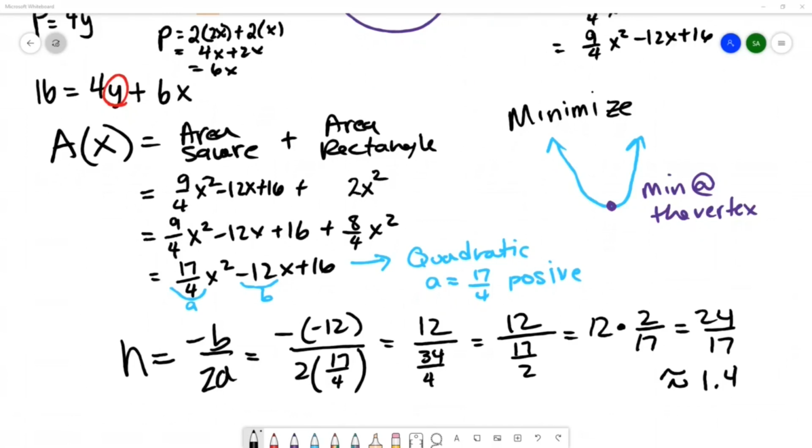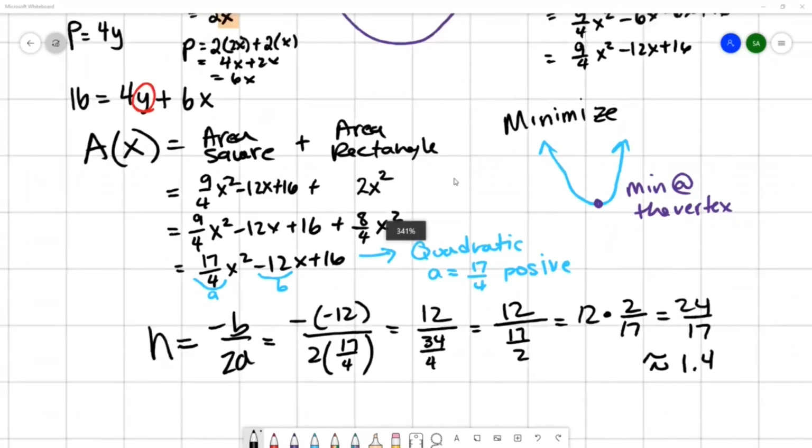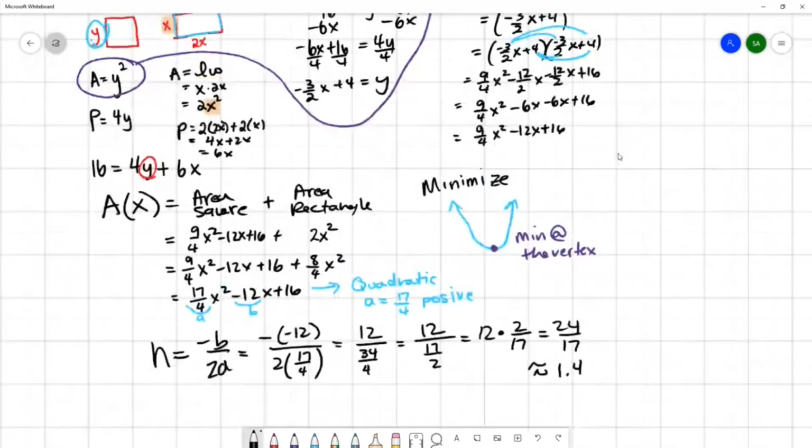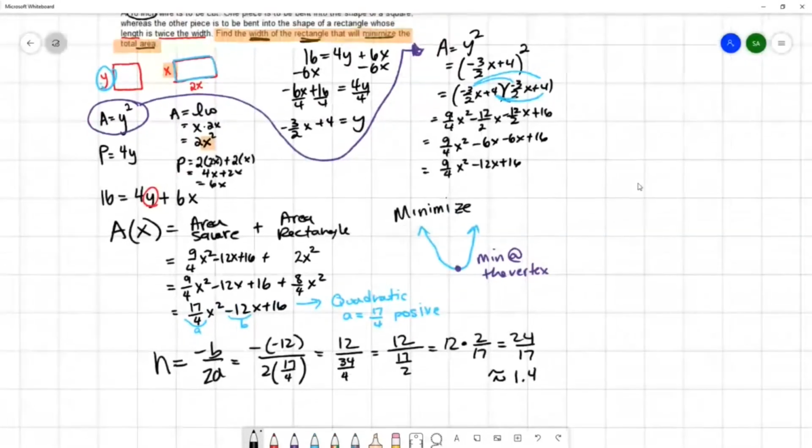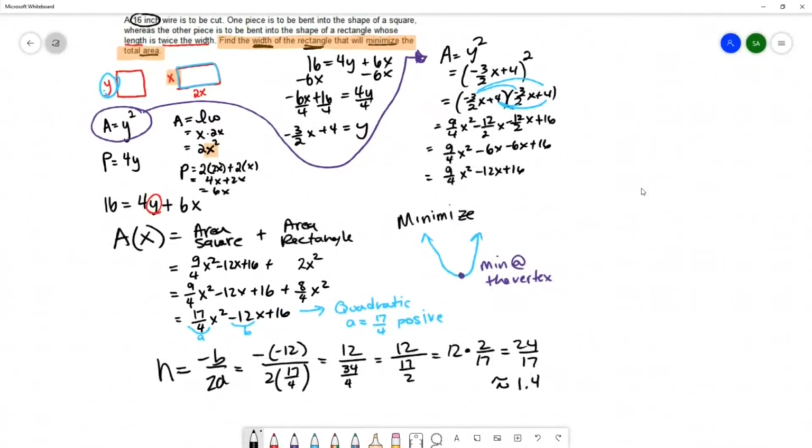I don't have the directions on the screen right now, but they say to round to the nearest tenth if needed, and I've rounded to the nearest tenth. So let's zoom out and recap for a second here. So this value of 1.4 is the width of the rectangle that will minimize the total area.